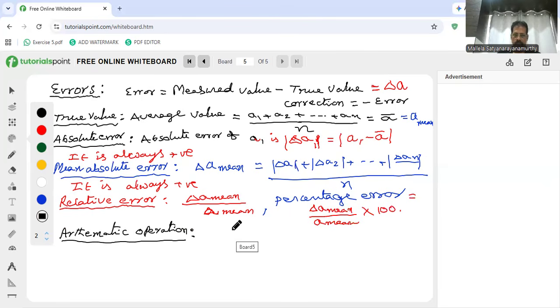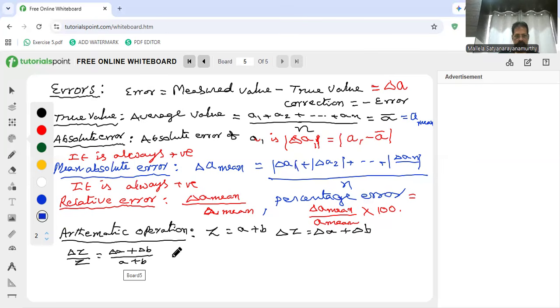If z is equal to a plus b, what is the error? Delta z is equal to delta a plus delta b. This is addition. So what is delta z by z, the relative error in this aspect? Delta a plus delta b by a plus b. This is the relative error in arithmetic operation.